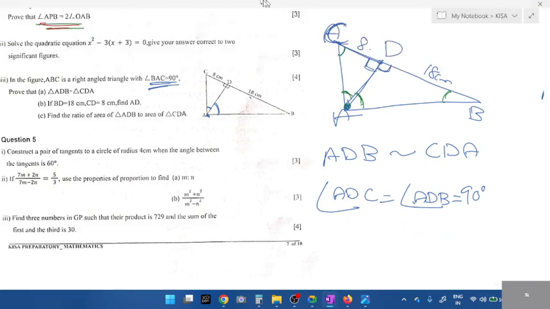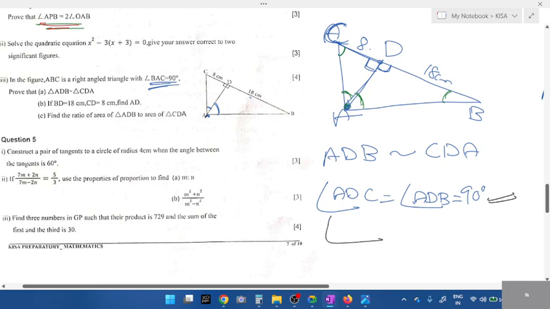This is a bit tough because there's no other angle given, no other option. DA is also not given. Okay, if you get one right angle, students, in one right angle, if you get another two right angles like this, first thing, this one we are sure both are 90 degrees. For the next one, angle A is common. Common in the sense that's the point where both the triangles meet.